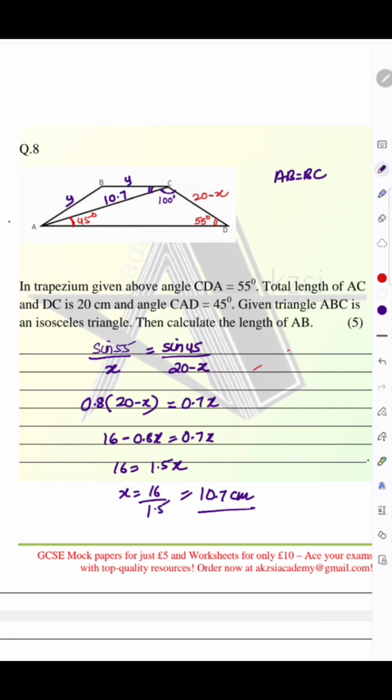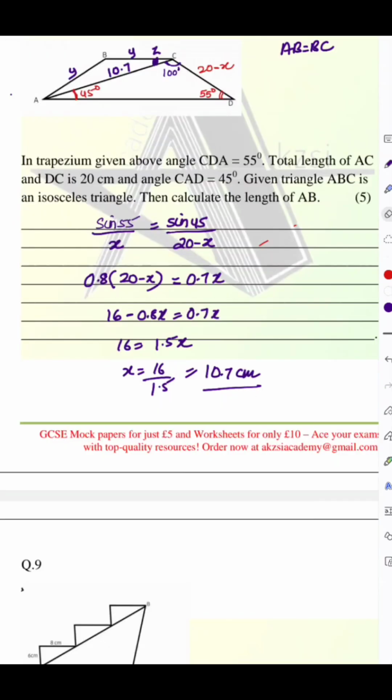That means this whole angle and this angle add up to 180 degrees. So this remaining angle, let me say z, z plus 100 is a whole one angle, and plus 55 should be equal to 180 degrees. That means z is going to be 25 degrees.